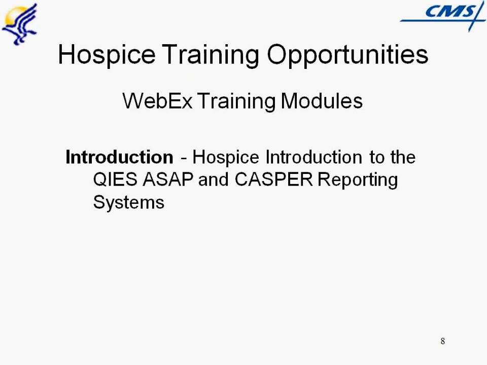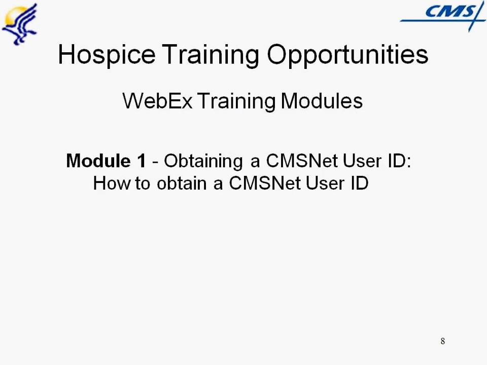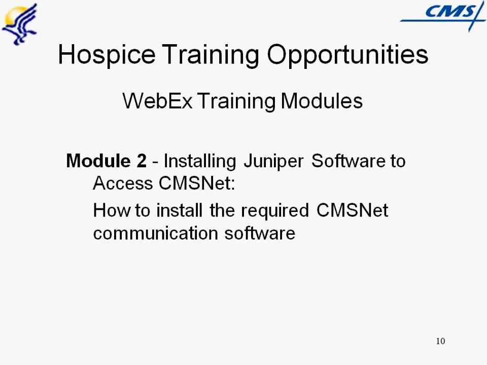The first training module is the Introduction. This training module provides an introduction to the QIES ASAP and Casper reporting systems. Module 1, Obtaining a Cmsnet User ID, outlines the necessary steps to obtain a Cmsnet User ID. This user ID is required to access CMS's private network where the QIES ASAP and Casper reporting systems reside.